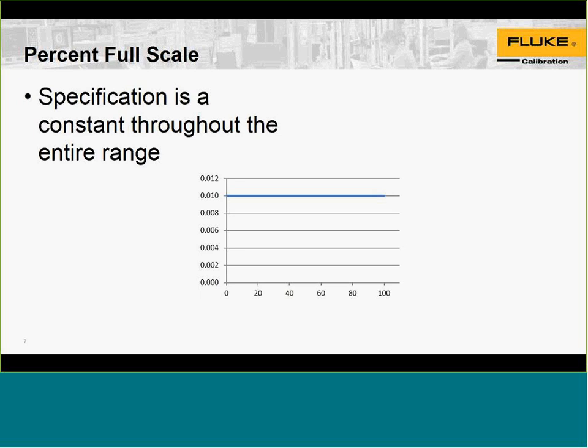No matter which pressure you're at, it's a constant throughout the whole range. For example, in this plot, the range is a 100 kPa full scale gauge sensor. 0.01% of full scale would yield a 0.01 kPa specification at all pressures throughout the range.